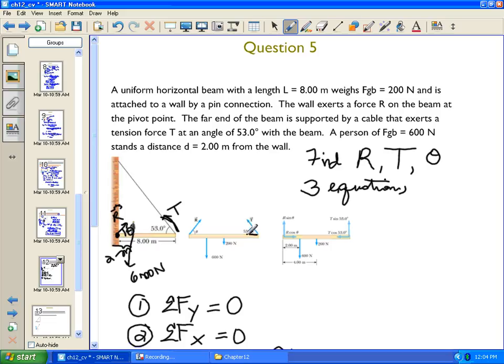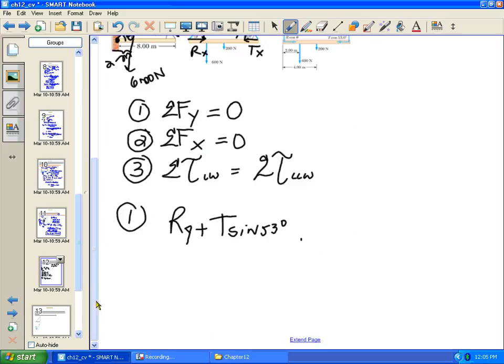Here is Tx, which points in the negative x direction. If this is an xy coordinate system, Ty is positive. There's Ty. Here's our x that points along the positive x direction. Here's our y. And we already have the weight of the board, 200 newtons, and the weight of the man, 600 newtons. So we're set to go.